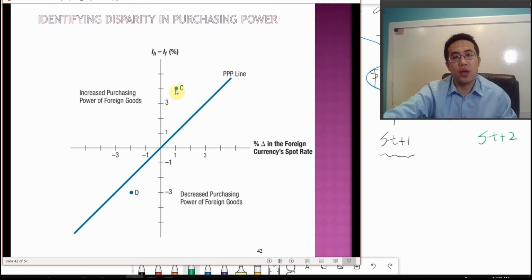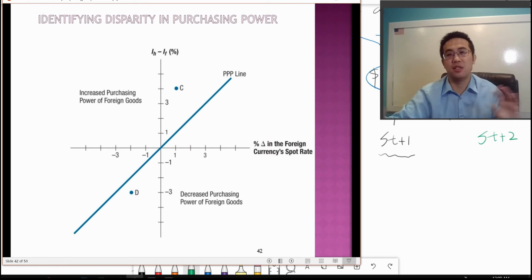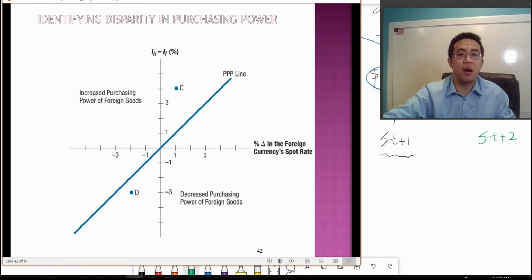So in this chart, we have a point C right here. We also have a point D. Point C basically says that our inflation difference is 4%, and the exchange rate only changed by 1%, which is not consistent with the same rate of change. So our home inflation is relatively too high.